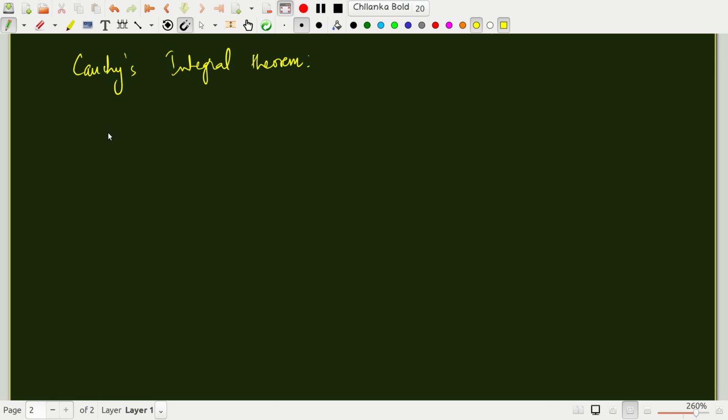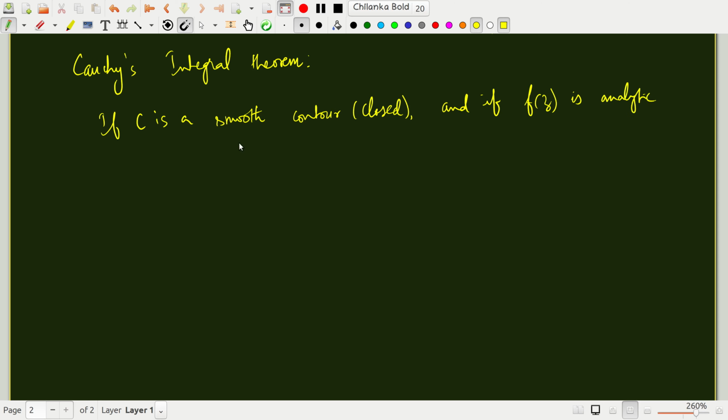Let me write this down, Cauchy's integral theorem. What this says is that if C is a smooth contour that is closed, and if f of z is analytic inside C, then the contour integral over the closed contour C of f of z dz is 0.